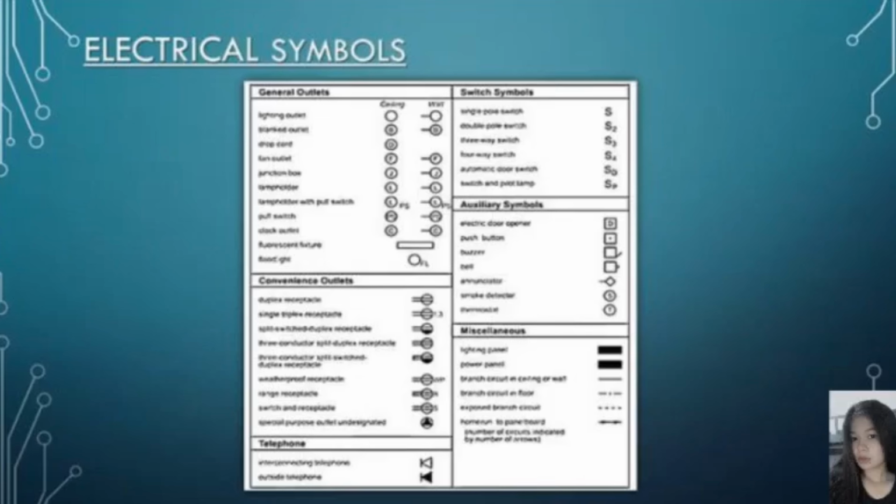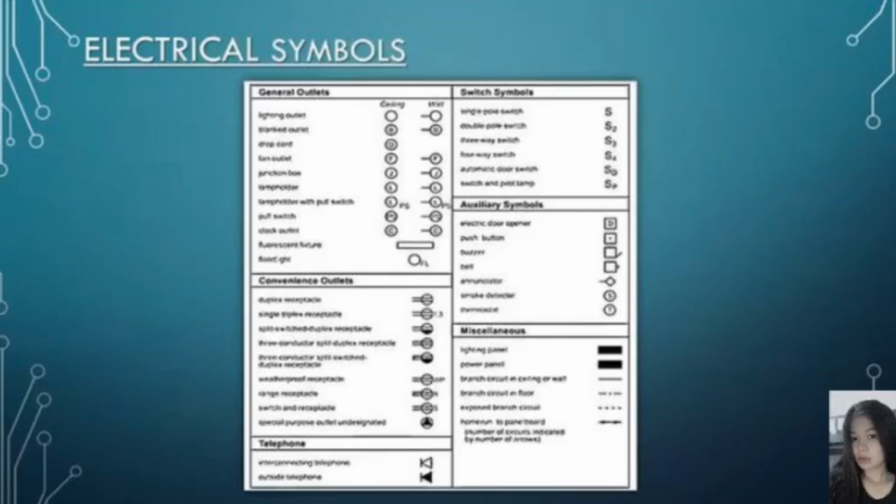We have interconnecting telephone, outside telephone, switch symbols, single pole switch, double pole switch, 3-way switch, 4-way switch, automatic door switch, switch and pilot lamp. Next, auxiliary symbols.